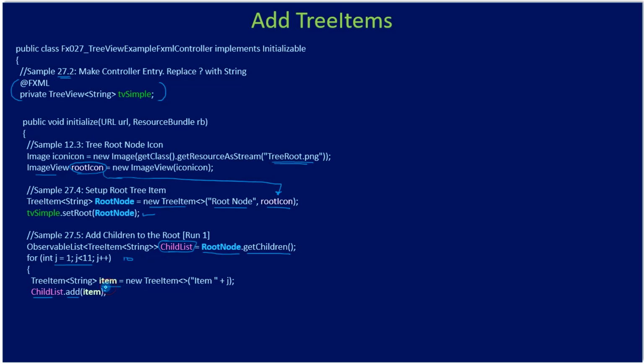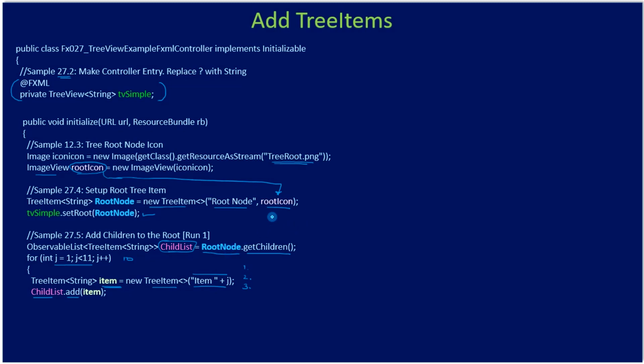Here, if you see, we are constructing the tree item on the fly. This time we are not using icon, we are just using the string. String is dynamically formed. Item plus j, that means item 1, item 2, item 3. Likewise, we will get 1 to 10 items, one on each iteration. That's what we are adding here to the child list, which is retrieved from the root node.